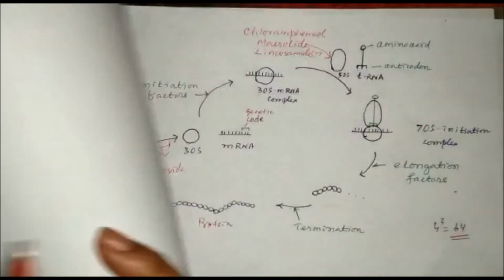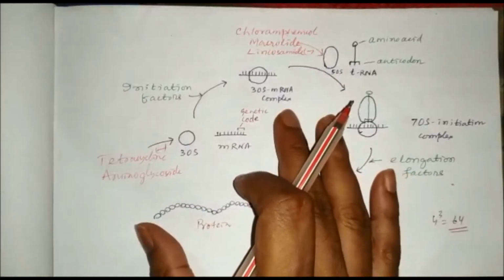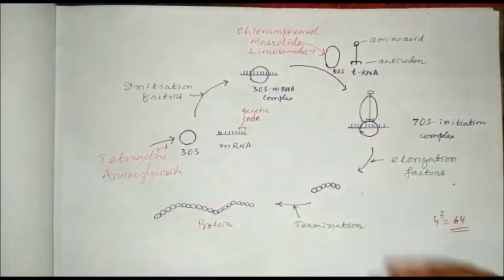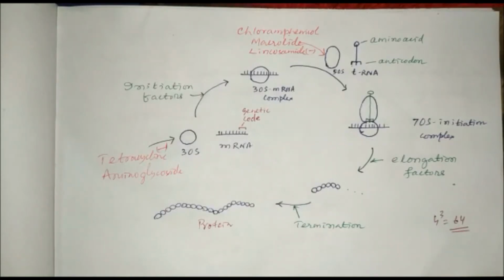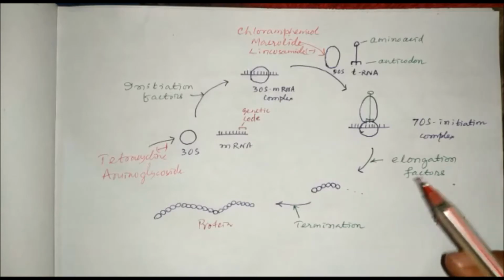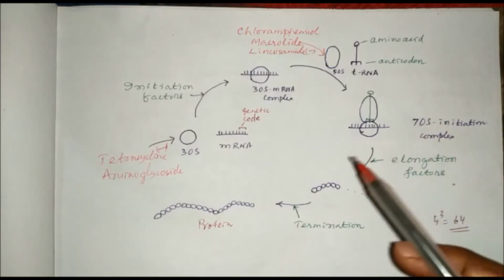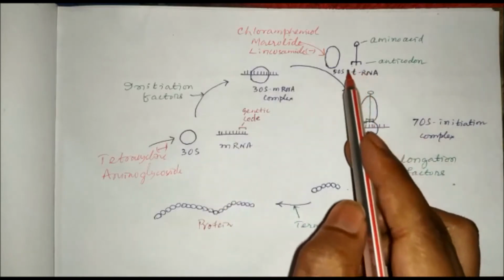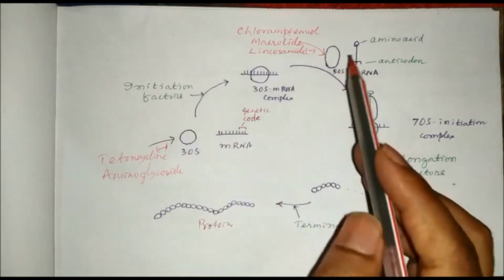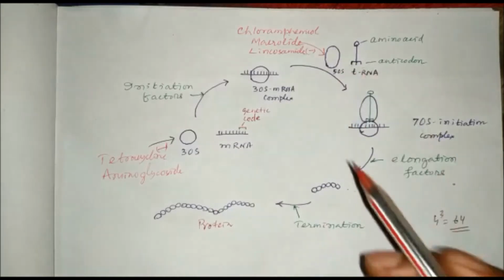So now let us discuss the mechanism of action. Chloramphenicol inhibits the protein synthesis in bacteria. As we know, the bacterial ribosomal complex is the 70S ribosomal complex, which consists of 30S and 50S subunits. 30S is the smaller subunit, 50S is the larger subunit.